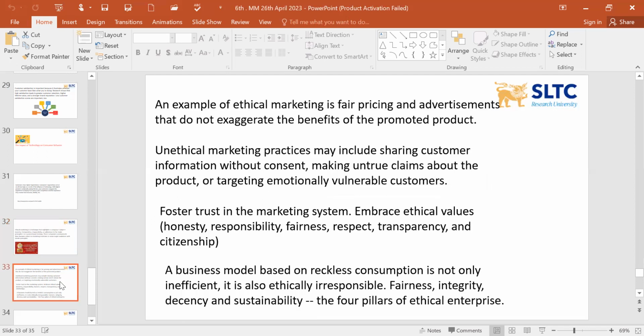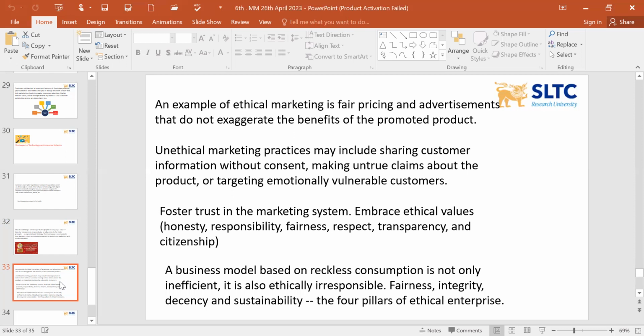If you look at an example of ethical marketing, it is fair pricing and advertisements that do not exaggerate the benefits of the promoted product, right? If you look at most of the advertisements that ethical companies do, like Maliban Biscuits, CBL, Merck, Audi, BMW, including Disney, Starbucks, it doesn't exaggerate.